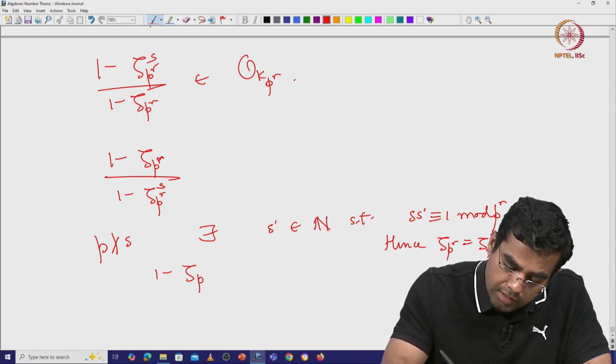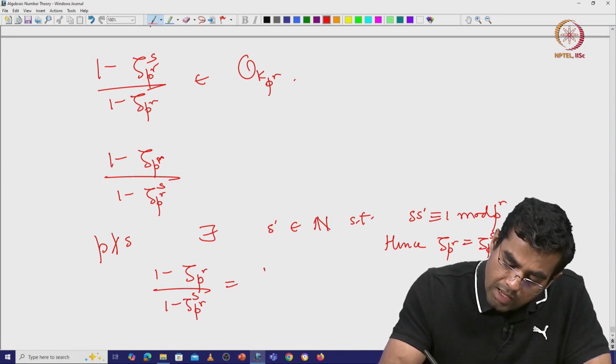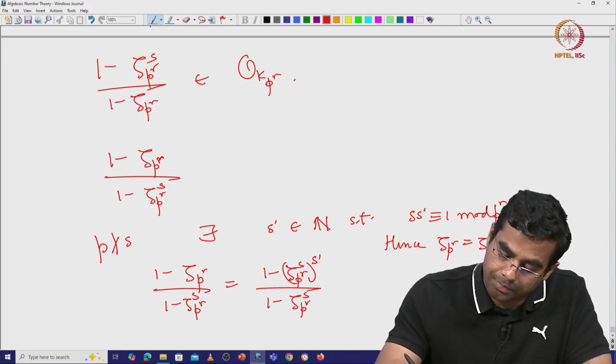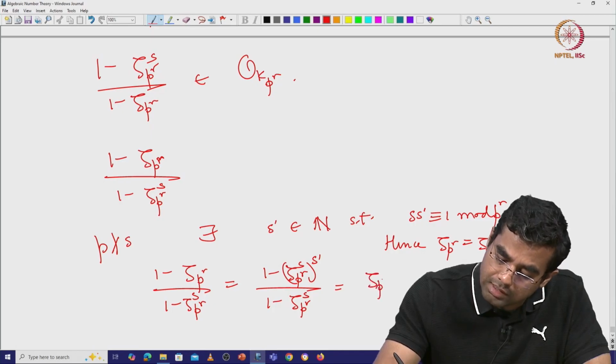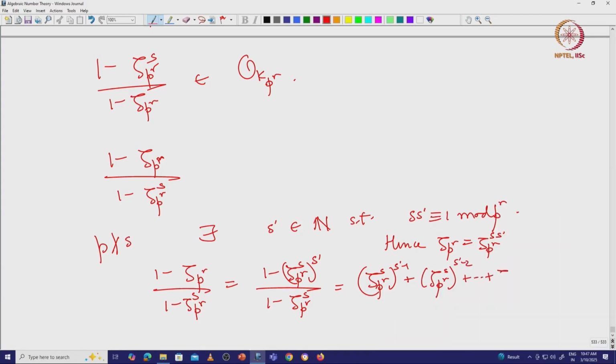So I can write this, (1 minus zeta p to the r) over (1 minus zeta p to the r to the s), as (1 minus zeta p to the r to the s) whole to the power s prime divided by (1 minus zeta p to the r to the s), and this now again one can write as zeta p to the r to the s to the power s prime minus 1 plus zeta p to the r to the s prime minus 2 and so on up to zeta p to the r to the s plus 1, which again is in the ring of integers. Again I do not care what the ring of integers is, I know that this is in the ring of integers.